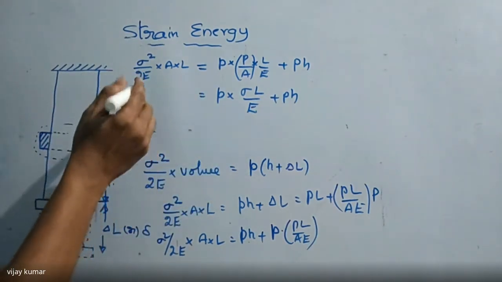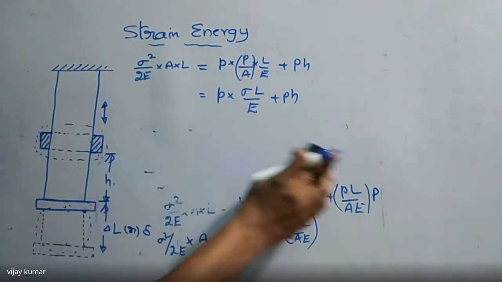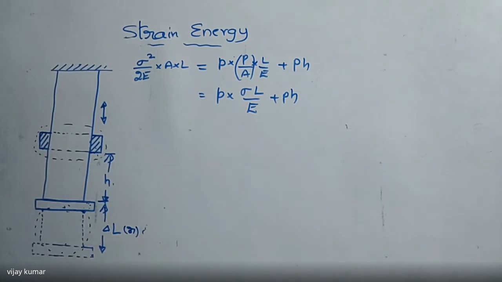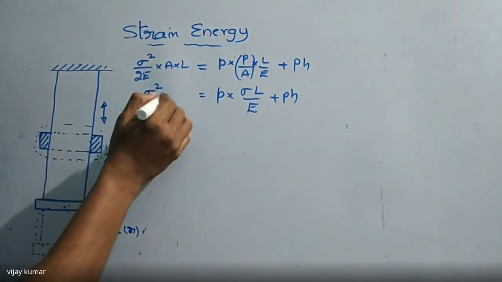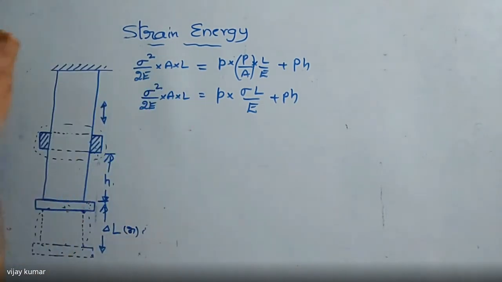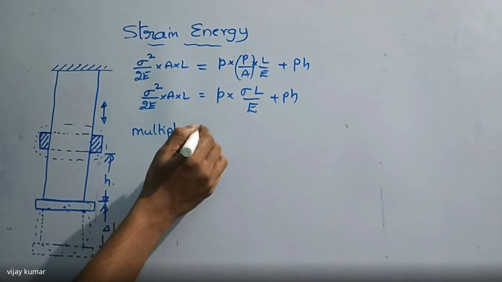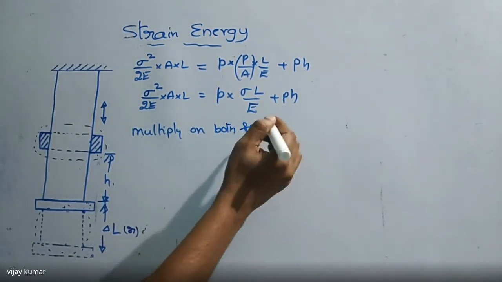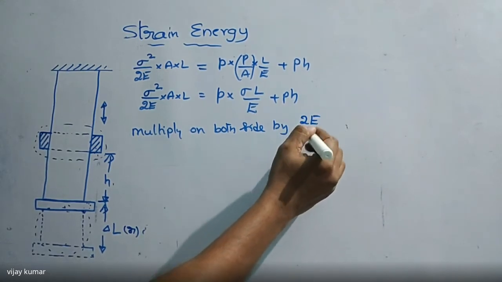So I'm going to multiply on both sides by 2E by AL.